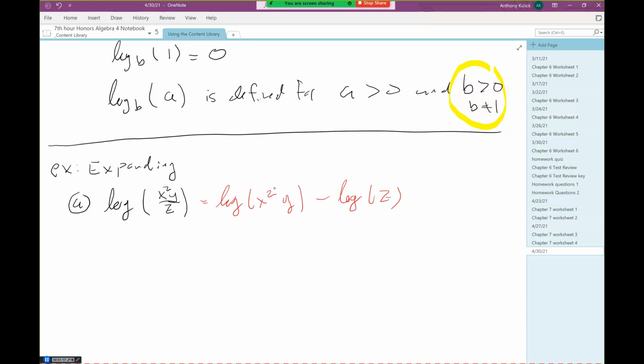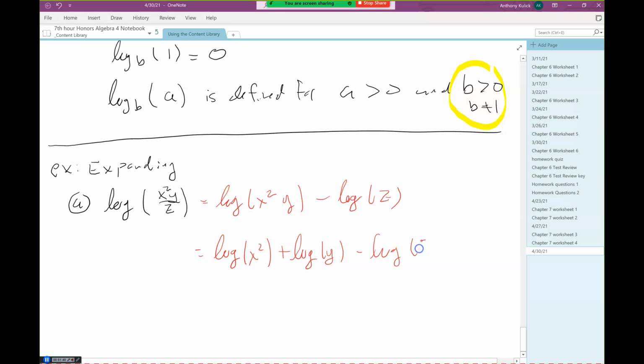Anyways, continuing on, the next thing we check for is product property. Do we see any multiplication going on inside the logarithm? In the first logarithm we do, right? We have x squared times y. Everybody agree? So I can apply my product property there.